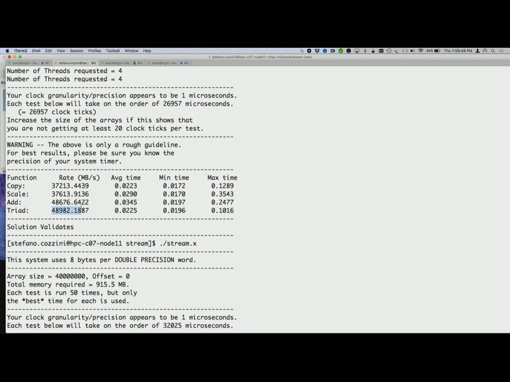Of course, this is a very stupid benchmark that measures performance in terms of memory bandwidth, okay? So here we are choosing the way that we would like to split our threads in a way that maximizes memory bandwidth.